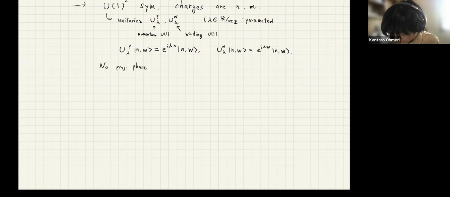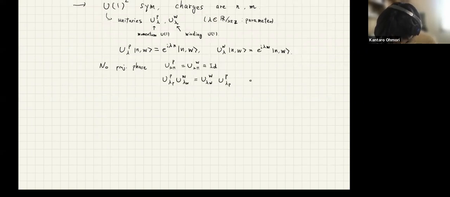In periodic boundary condition, these are like 2 pi rotations, and both 2 pi rotations are the identity. And also the two commute.